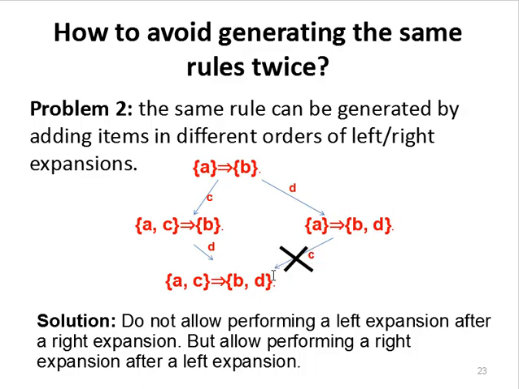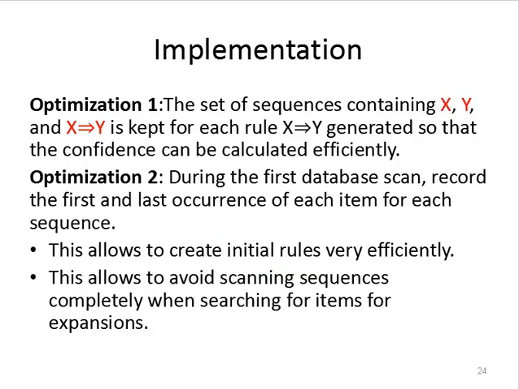So we cannot add C here, as you can see on the slide. So this will solve the problem. I will not do the proof here, but it's explained also in our paper. And if we do this, we'll never generate the same rule twice. It's very important.